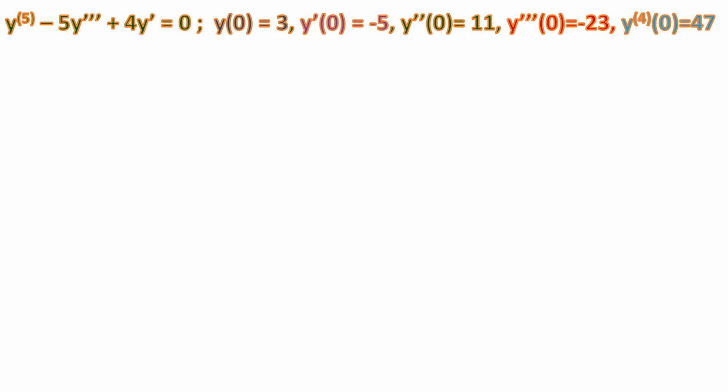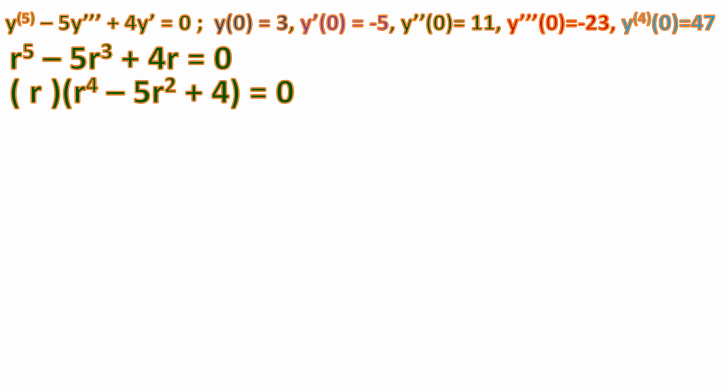And then we're going to use the auxiliary equation r to the 5th minus 5r cubed plus 4r equals 0. We want to find the general solution of this. So we need the roots to find the general solution. So take out the r because r is common, and we need to factor this.